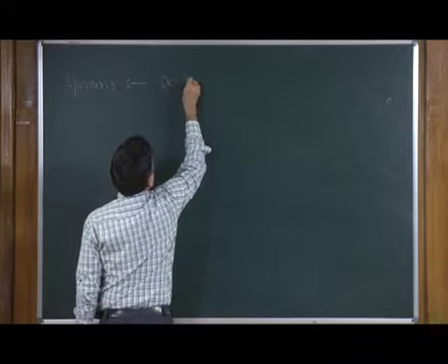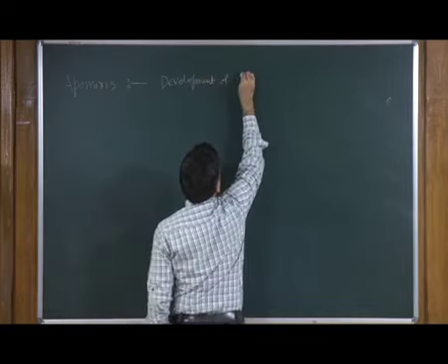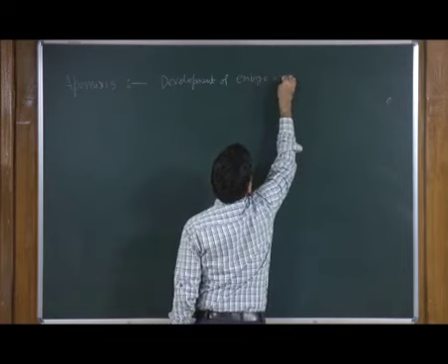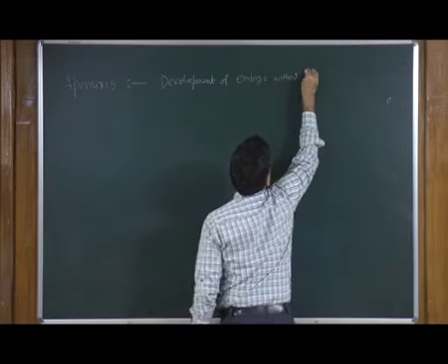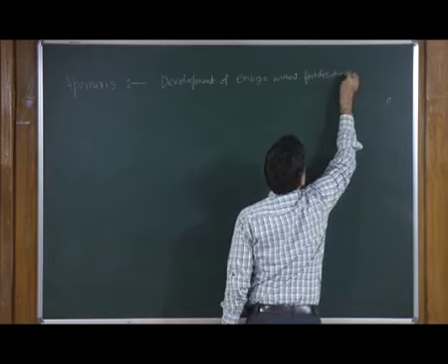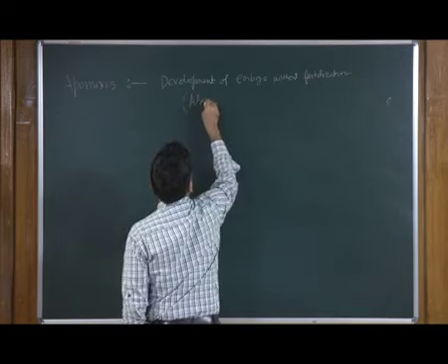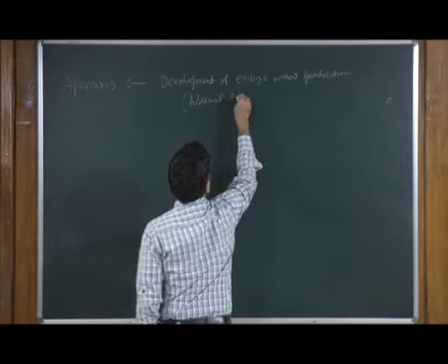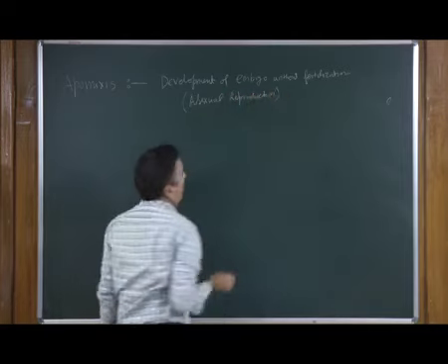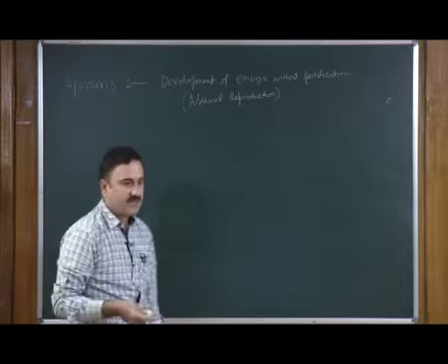So, apomixis is considered to be a kind of asexual reproduction, and it could be of three different types.